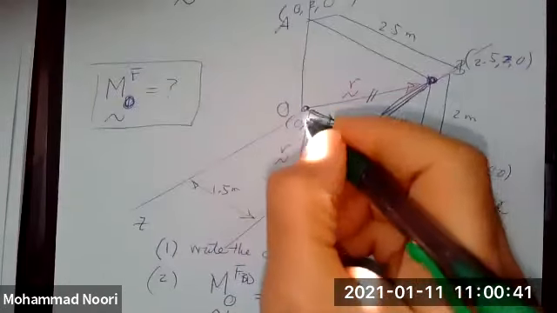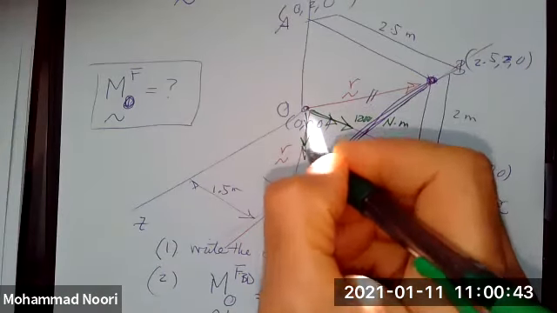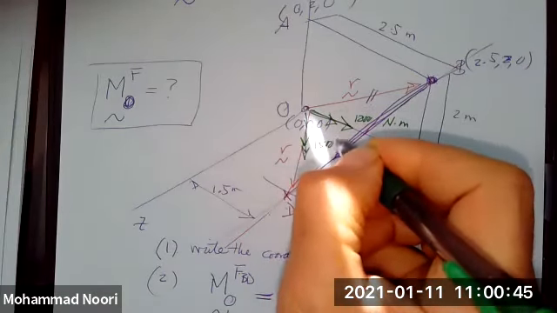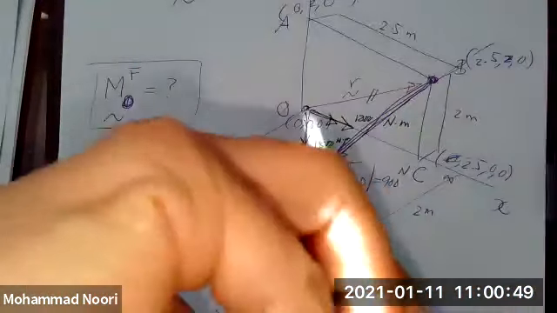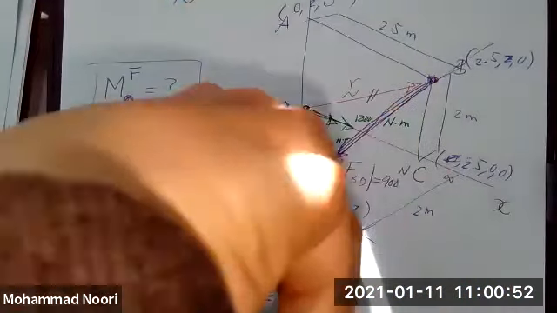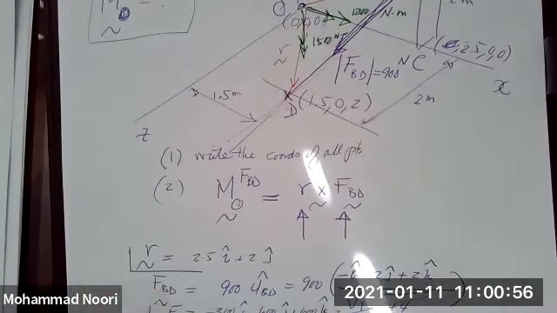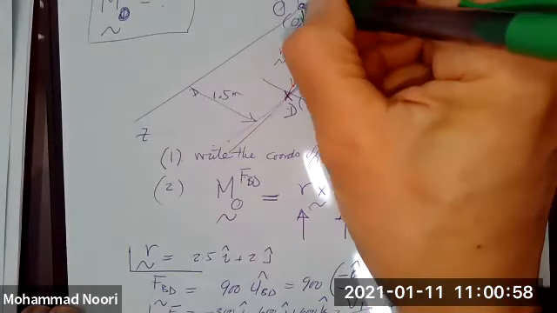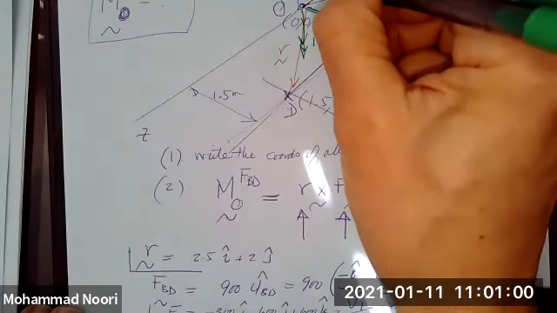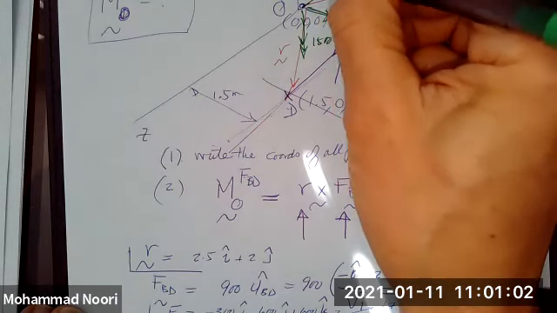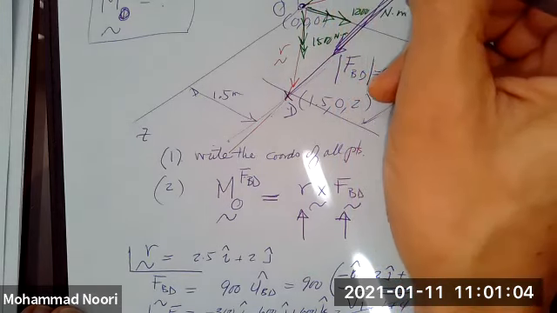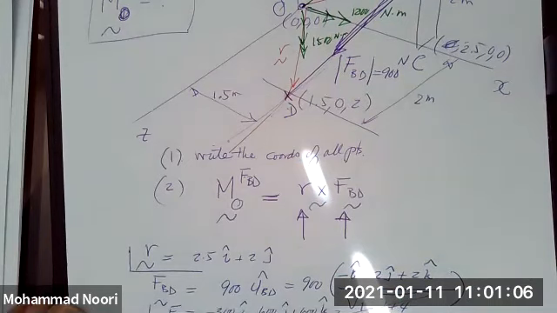That is, this is causing a 1500 Newton meter rotation in this way. Imagine this way, downward. And about K, also negative. That is, it is causing a rotation of 900 Newton meter in this direction.